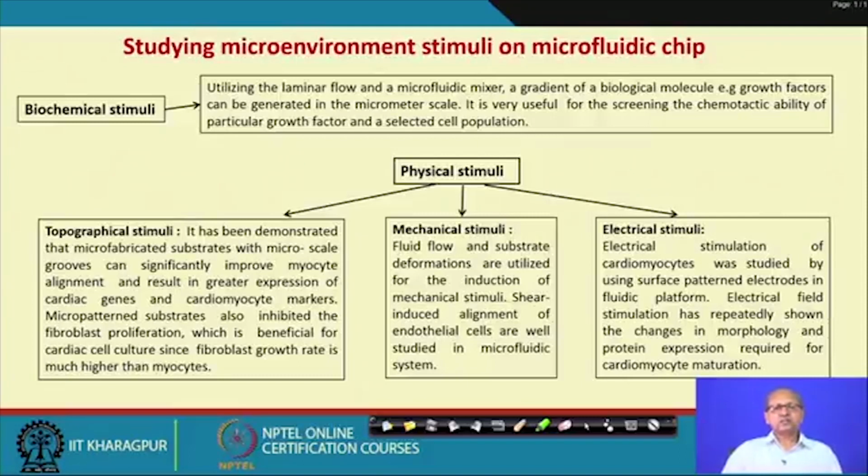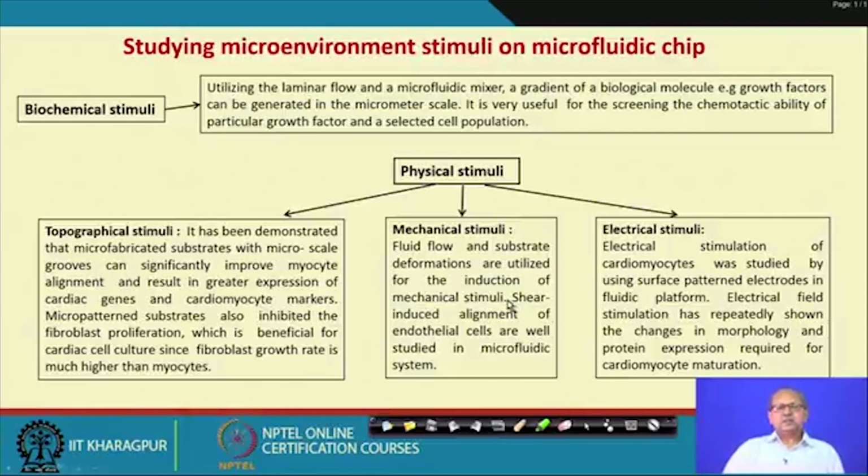There are a lot of reports that say if we make groove-like structures for cardiomyocytes, that improves myocyte alignment and results in a greater expression of cardiac genes. At the same time, fibroblast growth is retarded in that design. So, it is good when you are growing cardiomyocytes and fibroblasts together, because the fibroblast growth rate is generally high, so it is less in that type of topography.